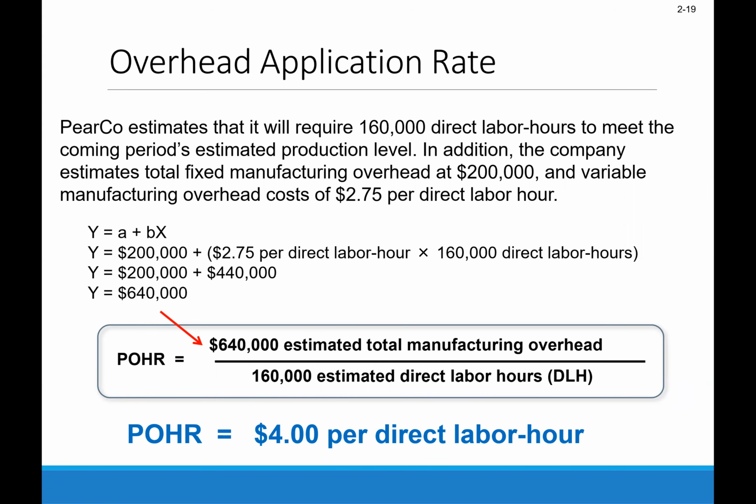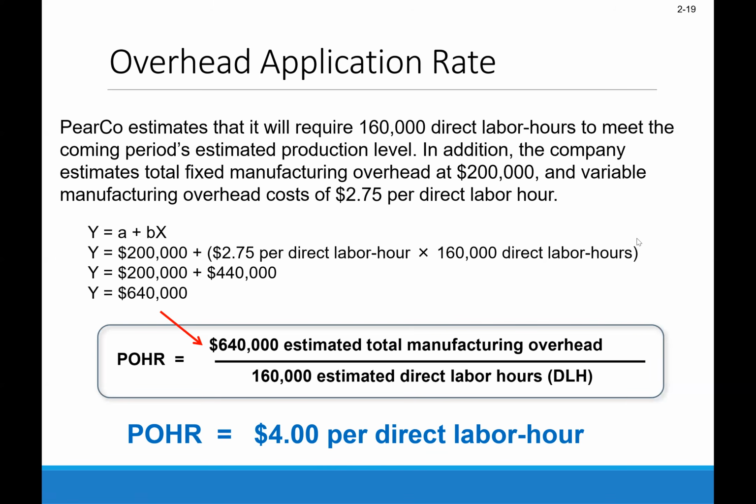In addition, the company estimates total fixed manufacturing overhead at 200,000 and variable manufacturing overhead at 2.75 per direct labor hour. So we know we're going to take the 640, which is our fixed plus our variable times our estimated hours. We're going to add them, divide it by our estimated hours to come up with the predetermined overhead rate of $4 per direct labor hour.